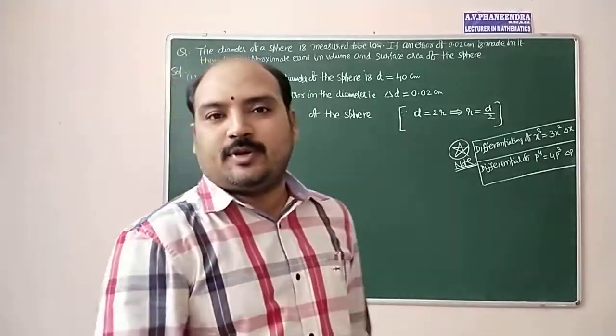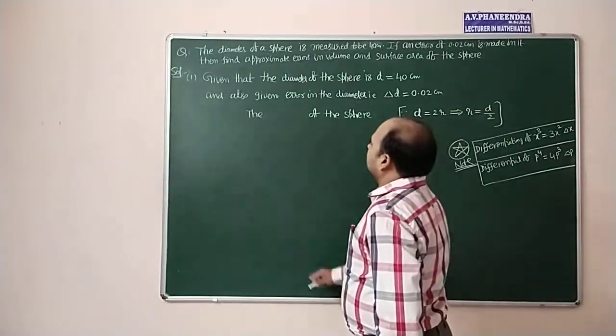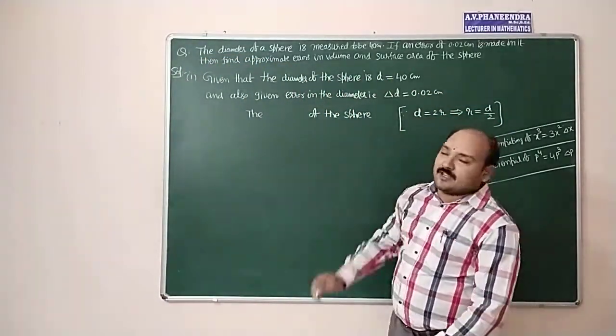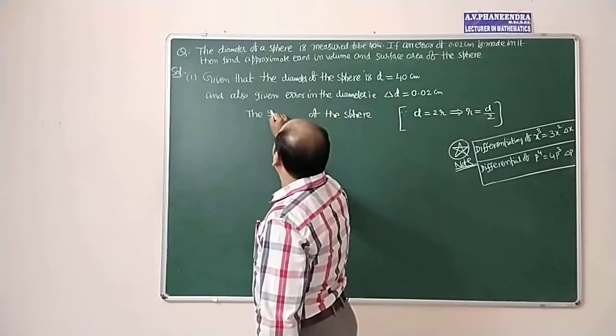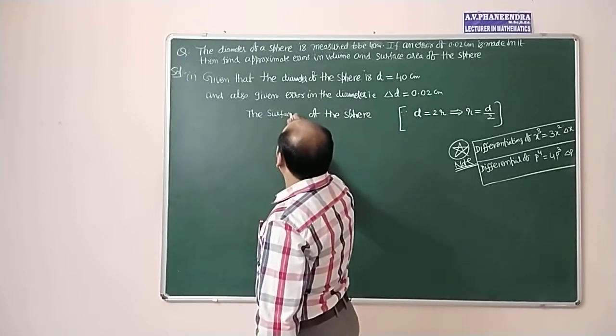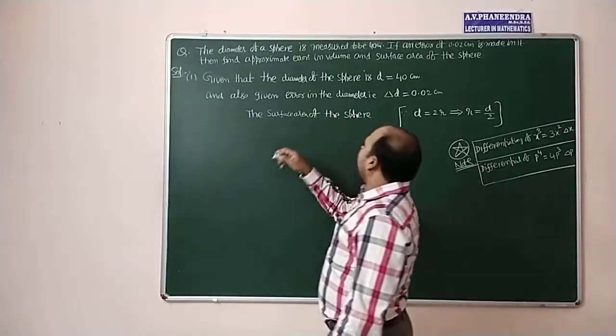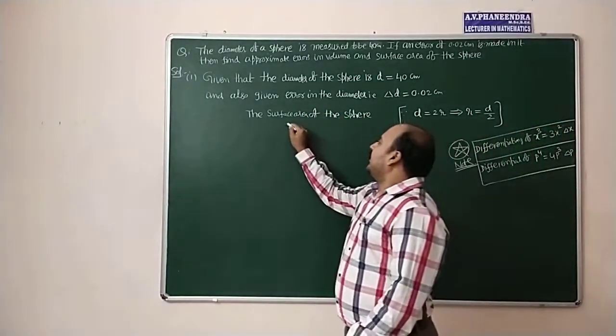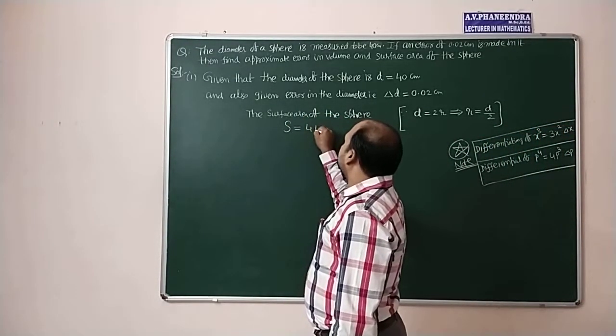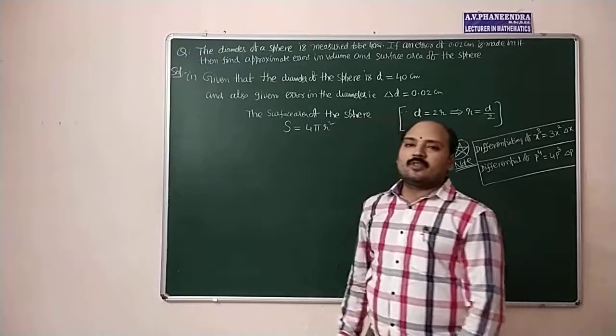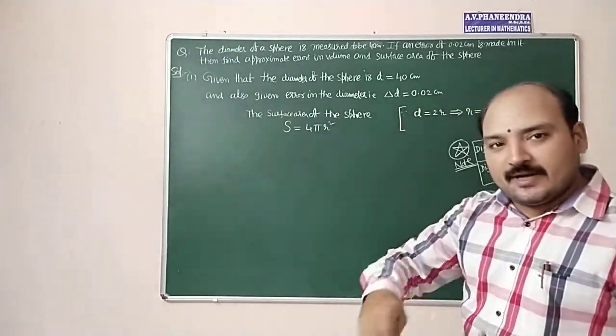Now next one, dear students, in the next question, surface area. So the surface area of the sphere is S is equal to 4 pi r square. Even this formula you have to convert in terms of diameter.